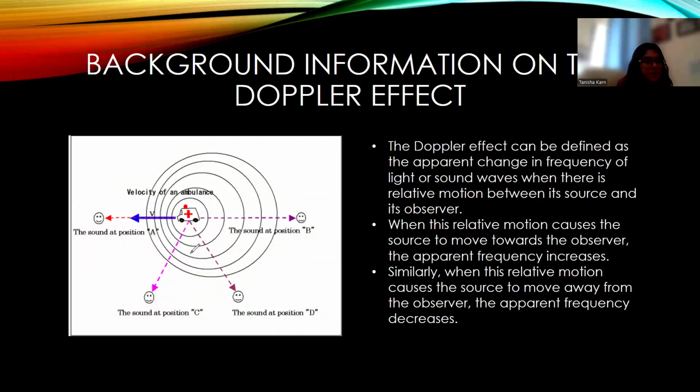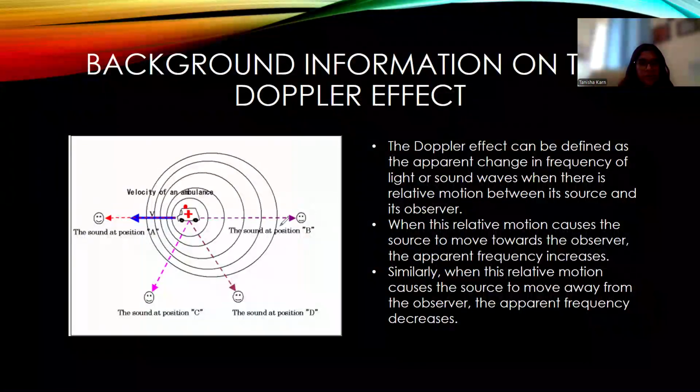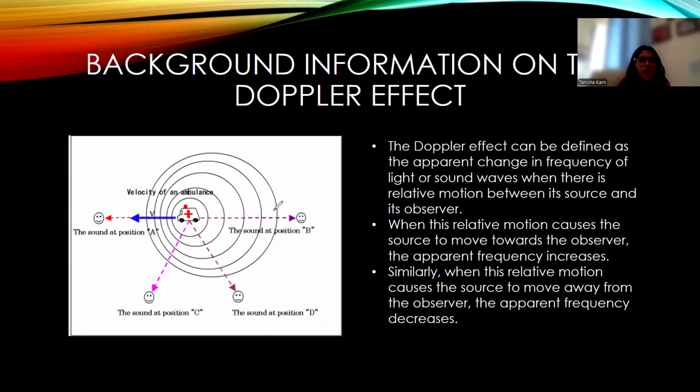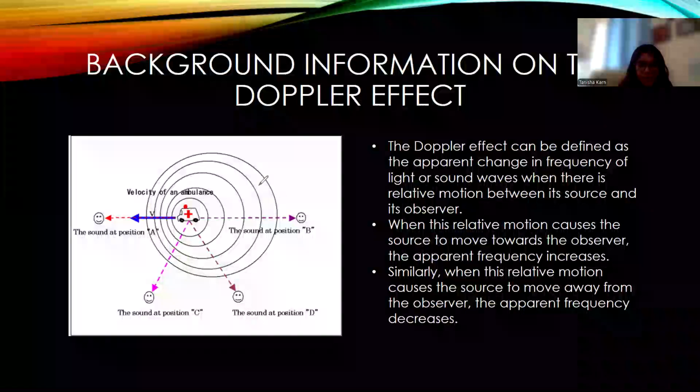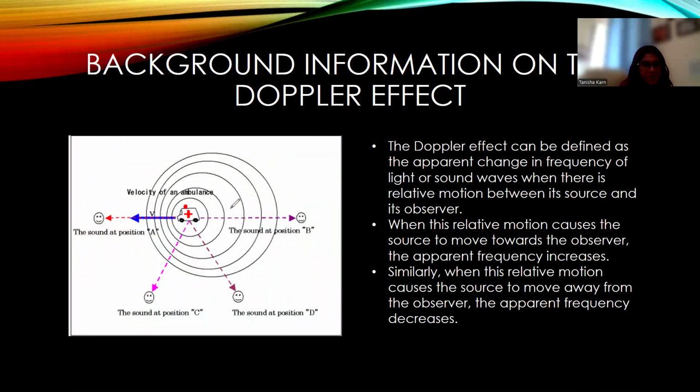This increase in apparent frequency can be observed, and similarly just behind the ambulance, which is moving away from observer B, the apparent frequency of the waves emitted is decreased. So this is just an important general concept to look at when talking about the radial velocity method.